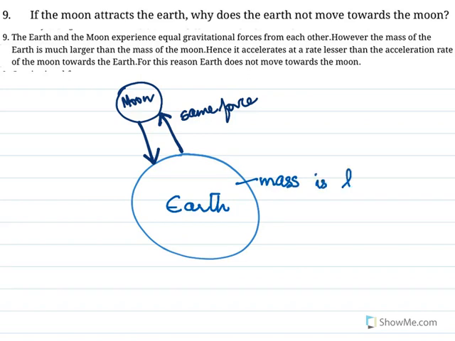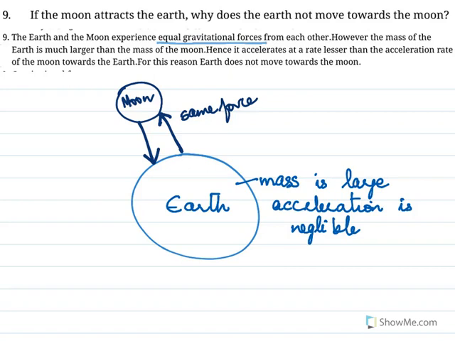The mass is very large, and because the mass is large, the acceleration is small. In fact, the acceleration is negligible, so we do not see it moving. So here, the moon and the earth experience equal gravitational forces from each other.